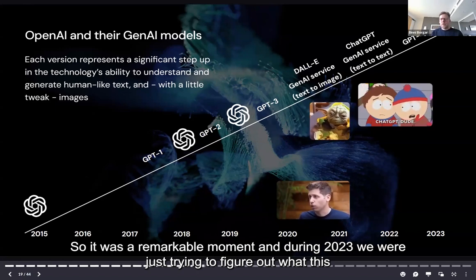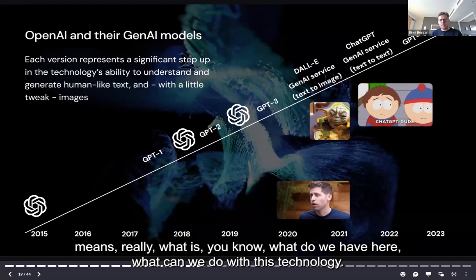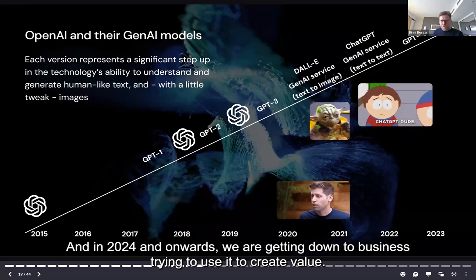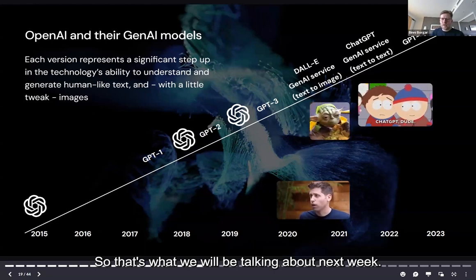During 2023, we were trying to figure out what this means really, what do we have here? What can we do with this technology? And in 24 and onwards, we are getting down to business, trying to use it to create value. That's what we will be talking about next week.